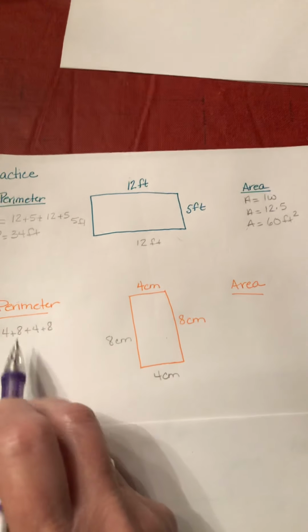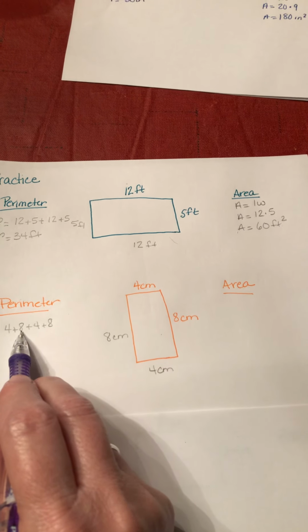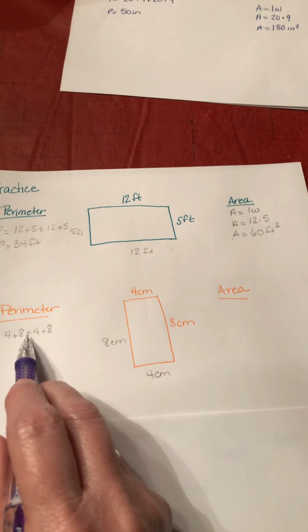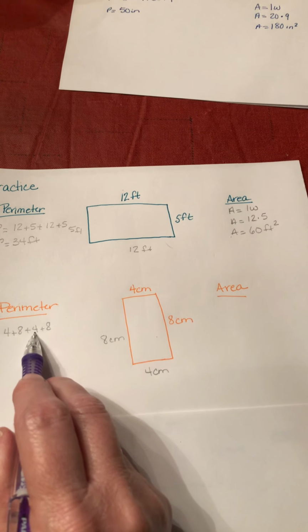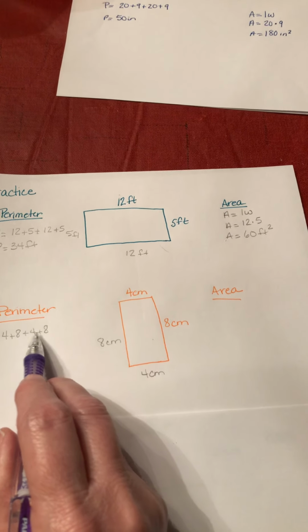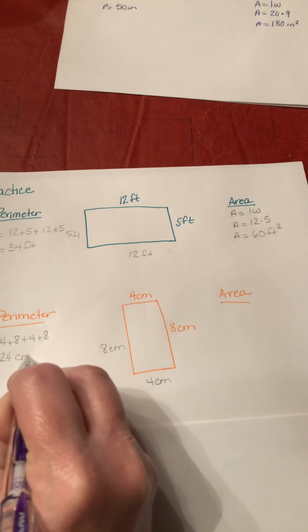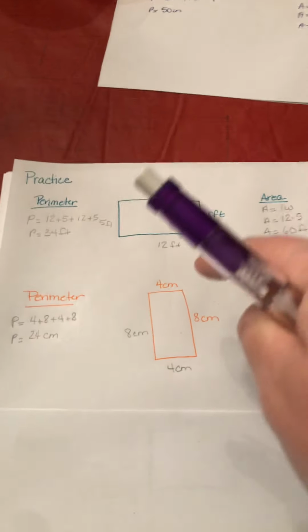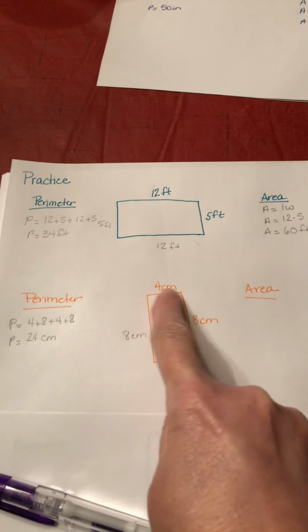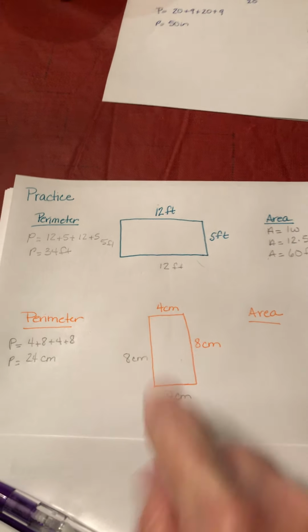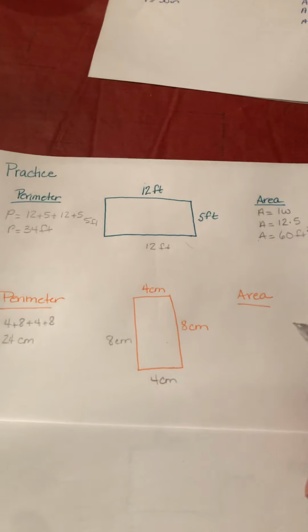So 4 plus 8 is 12. 12 plus 4 is 16. 16 plus 8 is 24. So this is 24 centimeters. So that's the distance going around the outside of our figure. Now for area.